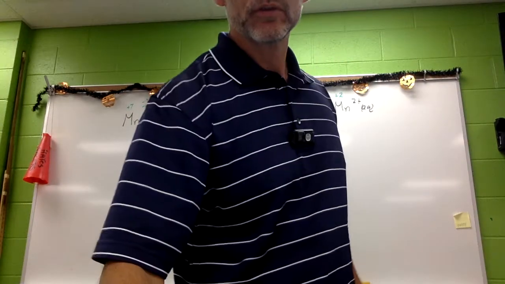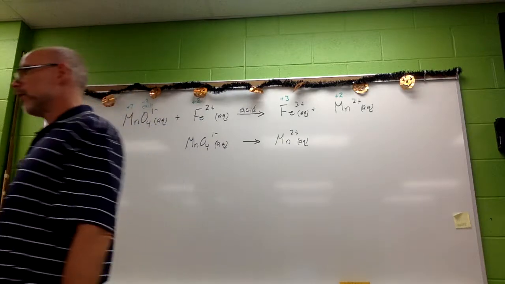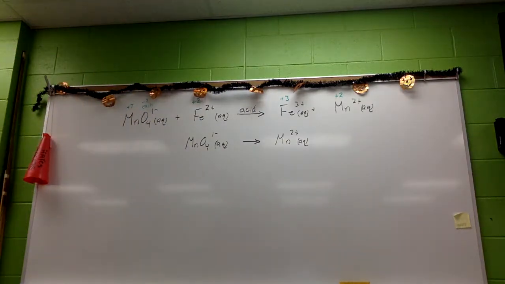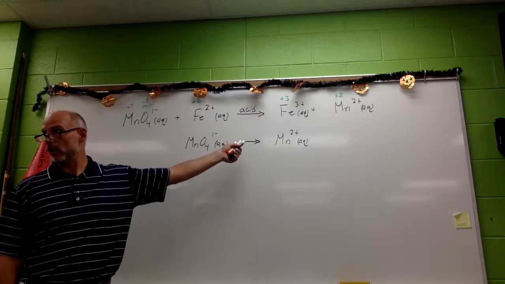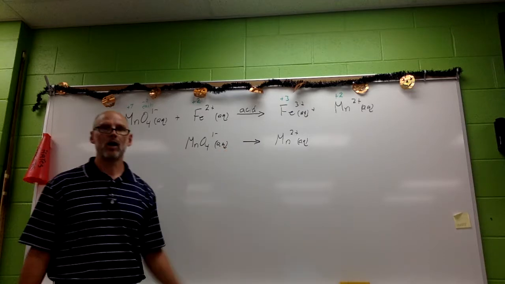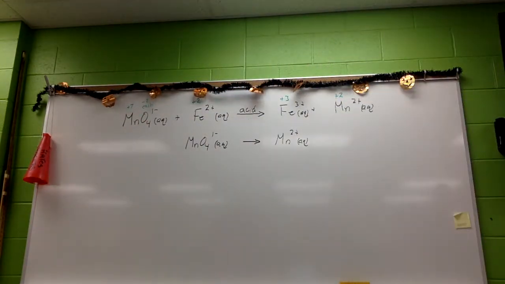So next, balance each atom other than oxygen and hydrogen. This should sound familiar from other things. So what are the elements other than oxygen or hydrogen? Manganese. Are they balanced? Yes. Moving on. Balance oxygen by adding water to the appropriate side.